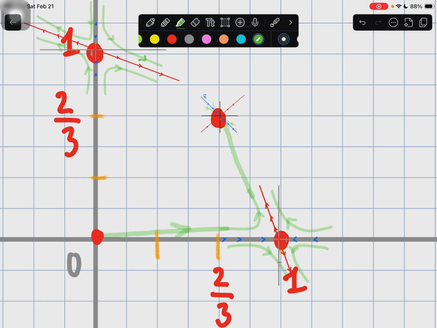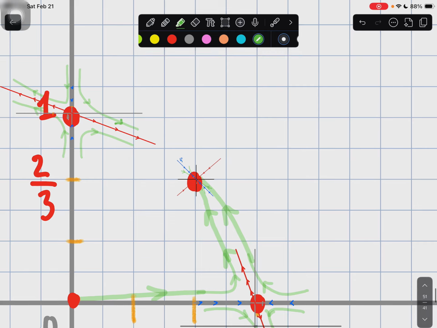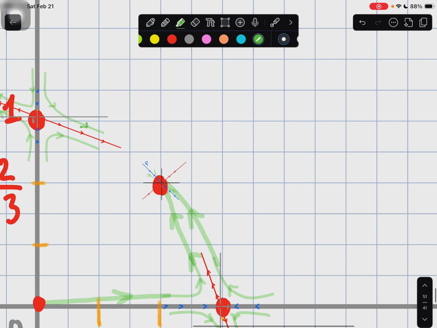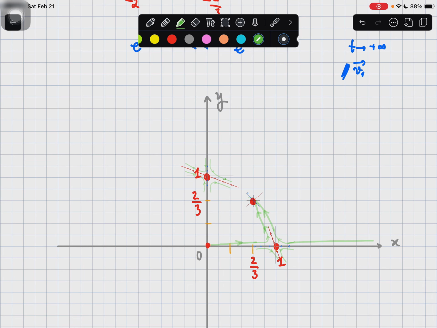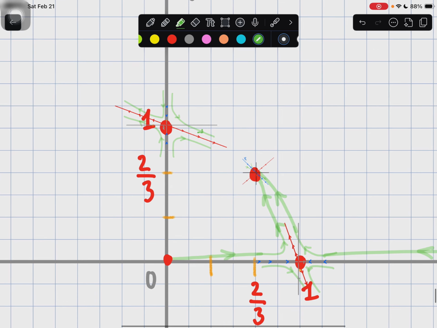It's going to sink to this point. The direction is sinking to this point. We only care about the first quadrant, so expect it to go like this, sinking to this point.